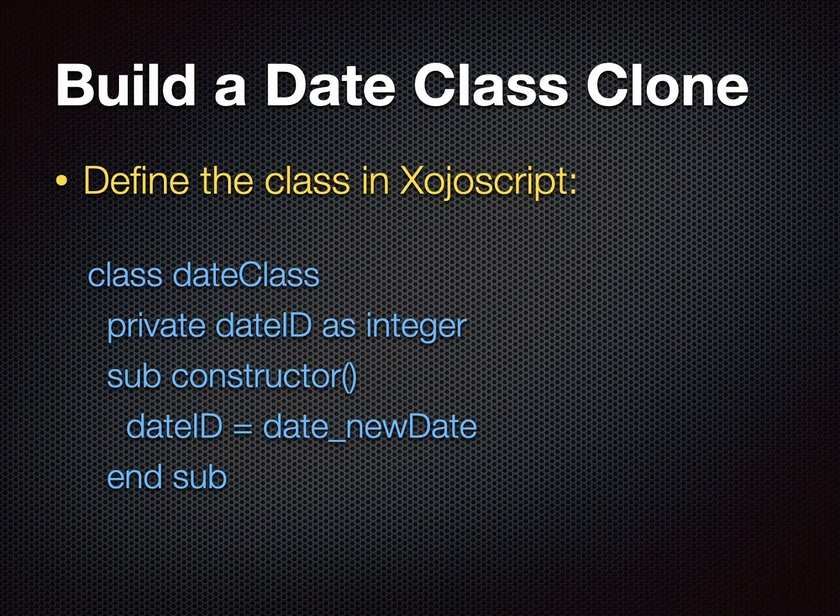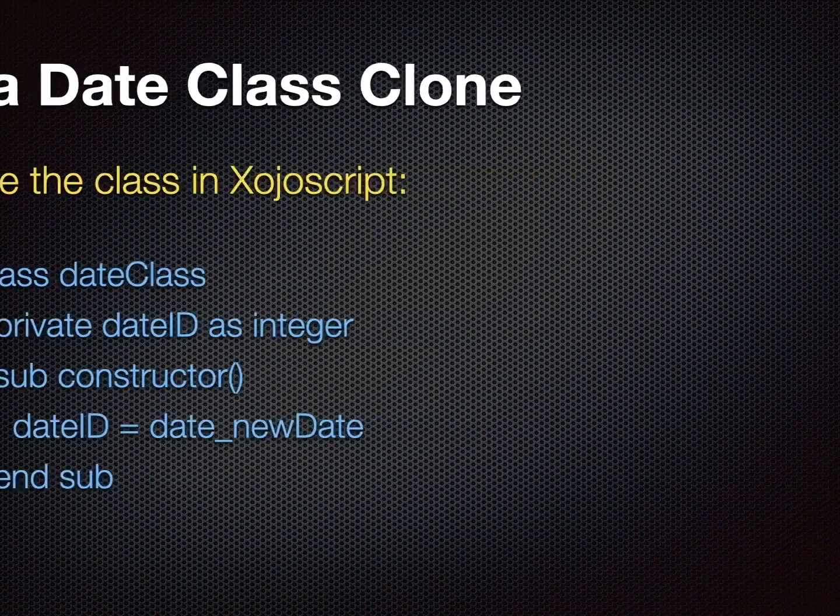All it does is create a new date, and I'll show you the code for that in a second, and returns the actual date ID, right? So this happens automatically with the constructor. Your code in the XojoScript is literally just Dim d As New Date, and it automatically, internally, gets a hidden ID property that always follows that particular date around as long as it's alive, and then it can look that up in the table back in the main program.